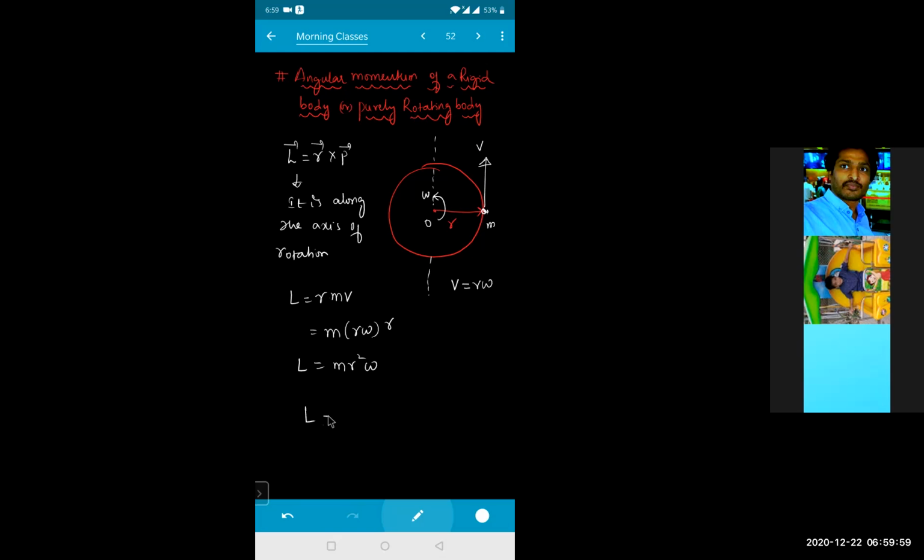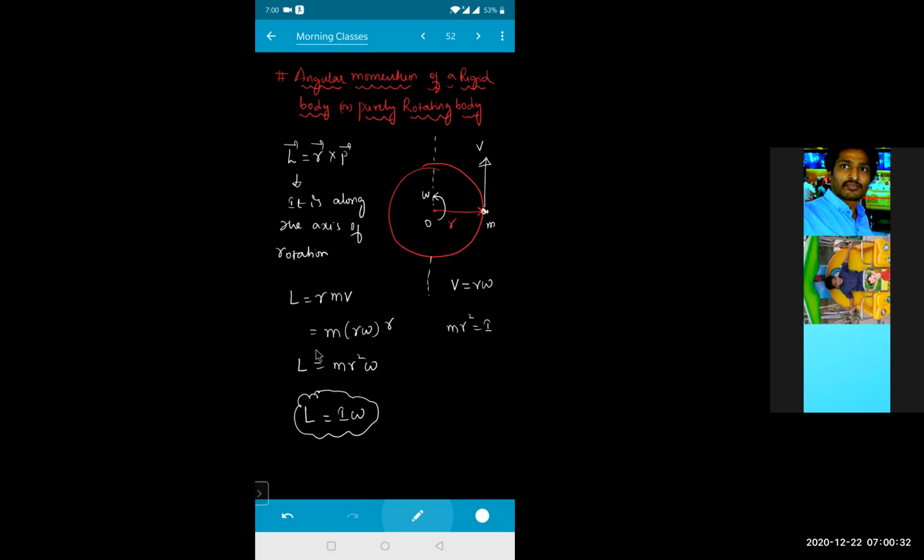See this carefully: m r square is the moment of inertia I. So angular momentum for a rigid body is L equals I into omega. For a rigid body, this is the formula.